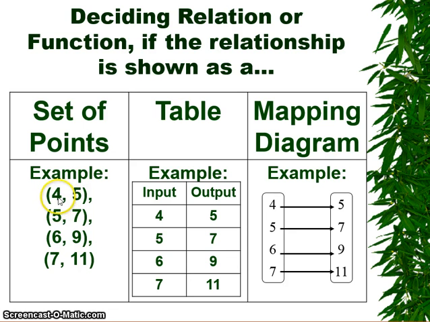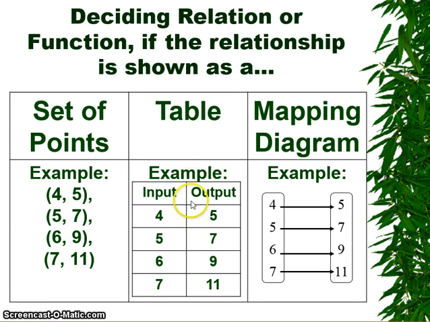The x value of a point represents the input, and the y value of an ordered pair represents the output. So this ordered pair here would say if you input 4, the output will be 5. This one would say if you input 5, the output would be 7. And so on. So anytime you see something organized as a set of points, you will know that it will be ordered pairs in which the x value is the input and the y value is the output.